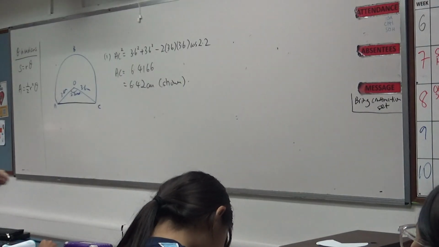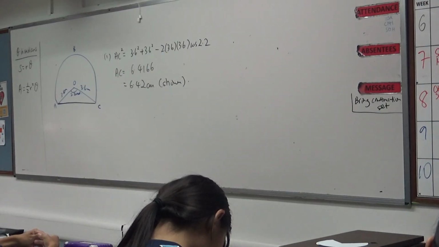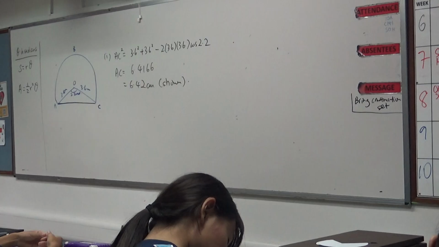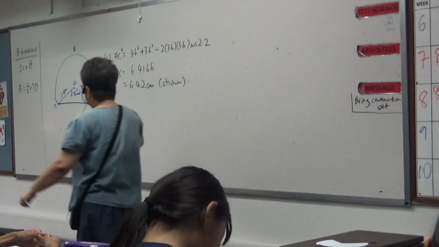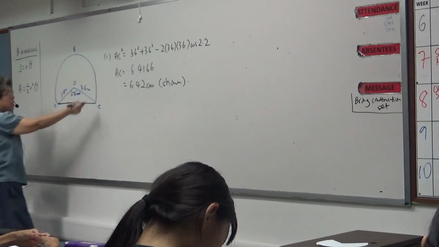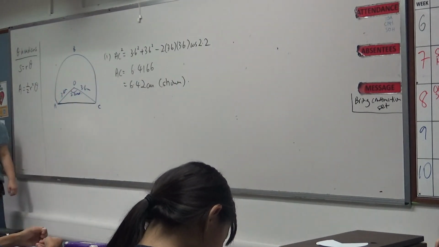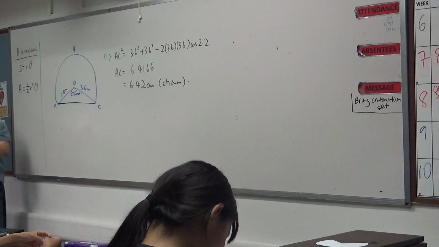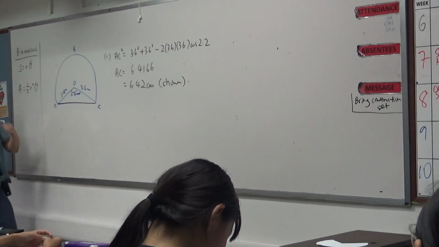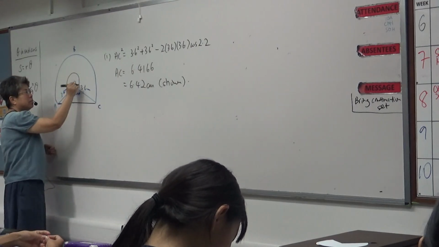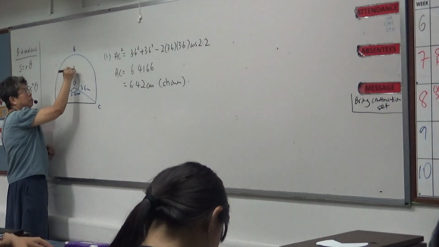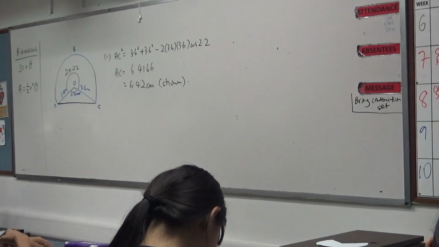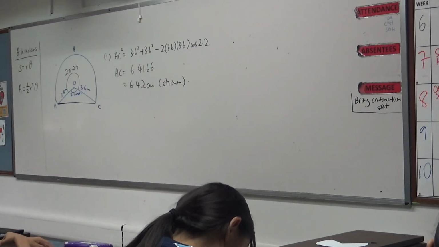Find the length of the major arc ABC, giving your answer in terms of pi. Now, they want to find the length of the major arc ABC, give your answer in terms of pi. That means you don't work out anything, you leave it in pi. Now, what is the angle here? Do you all agree? 2 pi minus 2.2, right?